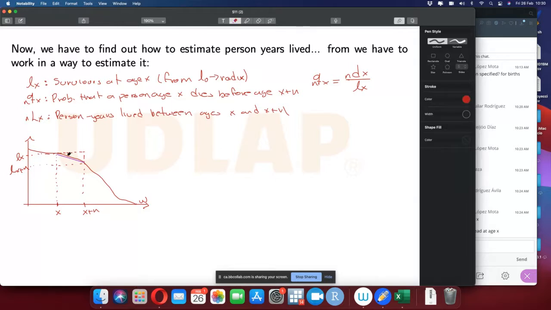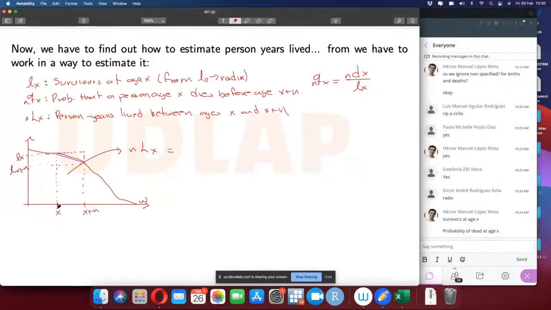Okay, so this is Lx. Let's start with the first option, using the big rectangle. The area is base times height. The base is n. The height for this big one is lx.